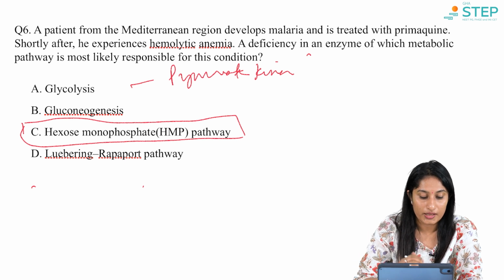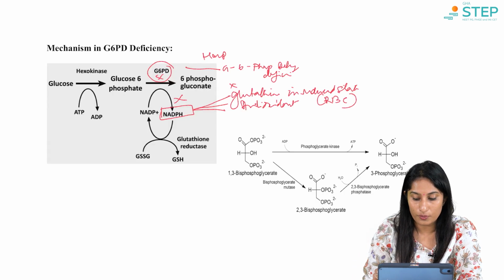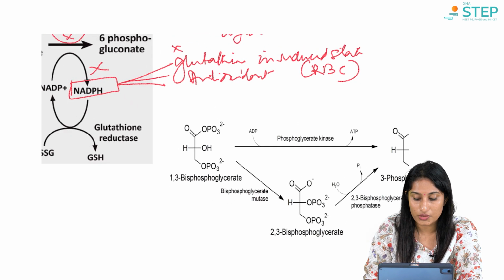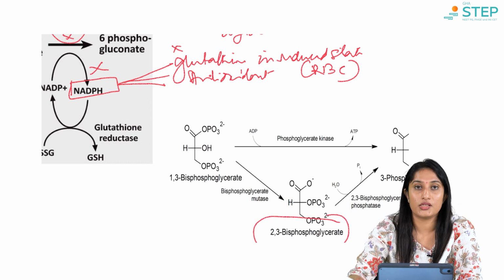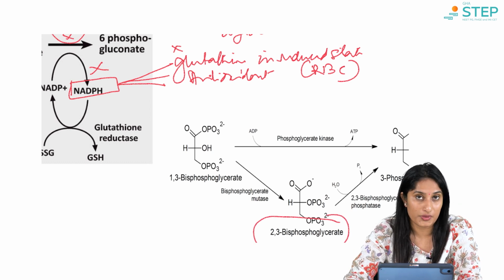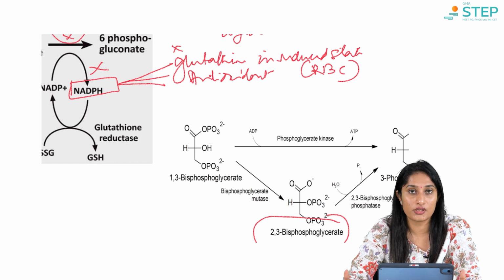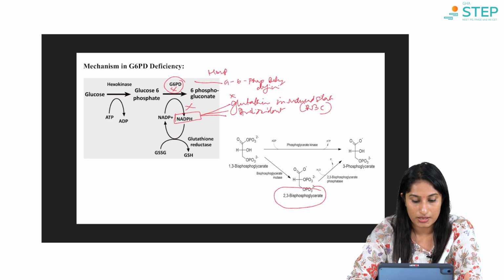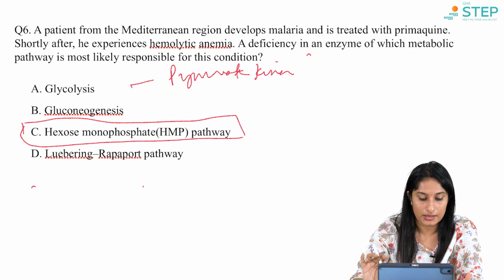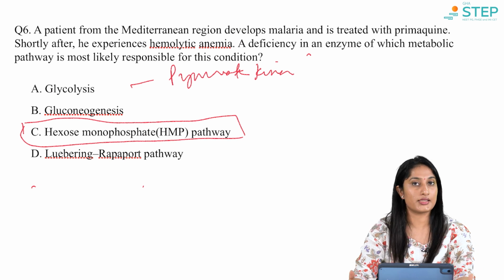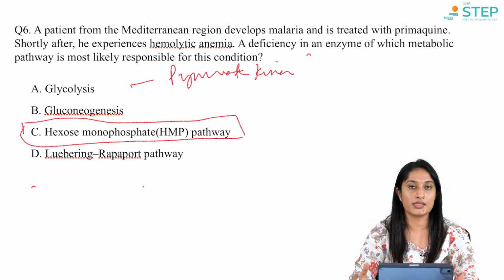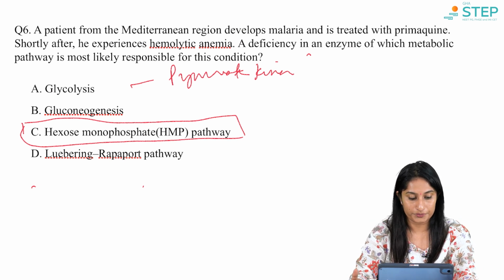What about Luebering-Rapoport pathway? No, because it's a pathway which is going to give us 2,3-BPG inside the RBC, which is helping us in unloading the oxygen into the tissues. So it's nothing to do with hemolytic anemia. So we can safely say the answer for this is HMP pathway.